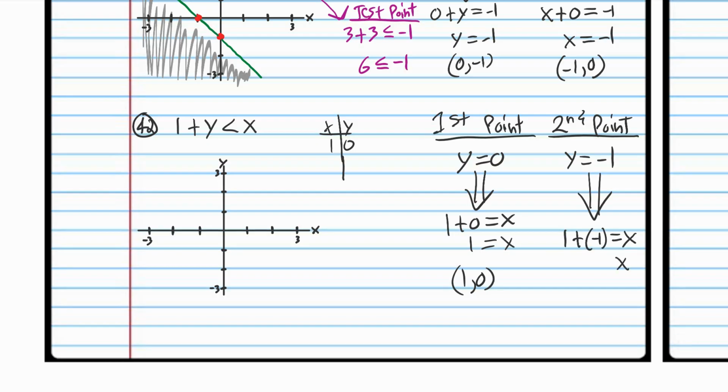And we get x is equal to 0, so the point is 0, -1. And go and graph those, 1, 0, and 0, -1. Now this is not an equal to, it's less than, but not less than or equal to. So we have to do a dotted line.